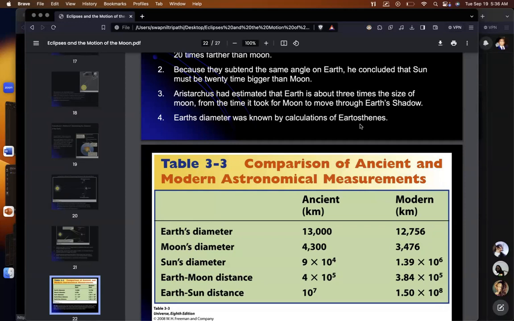Now let's look at the moon's diameter. Now there is a little bit more variation in the moon's diameter. The original estimation was bigger because Aristarchus didn't consider the tapering of the Earth's shadow with distance. And so even though the shadow of the Earth is 3 times the size of the moon, the shadow of the Earth is actually smaller than the actual size of Earth.